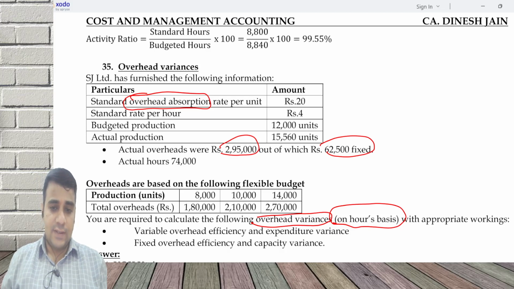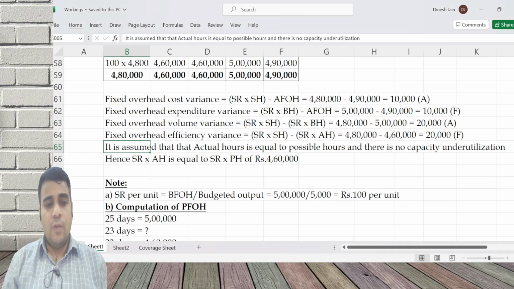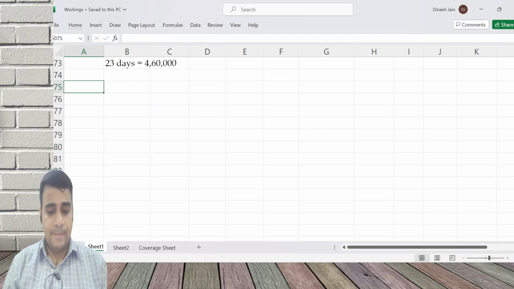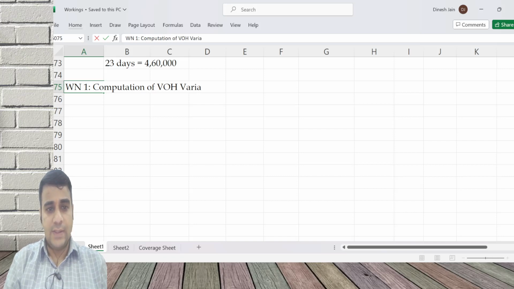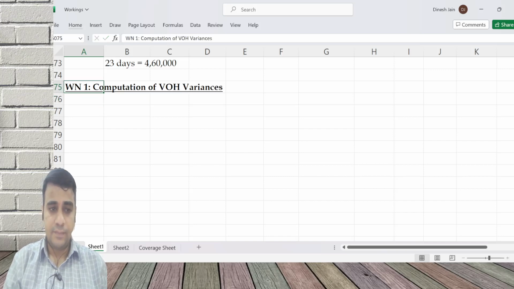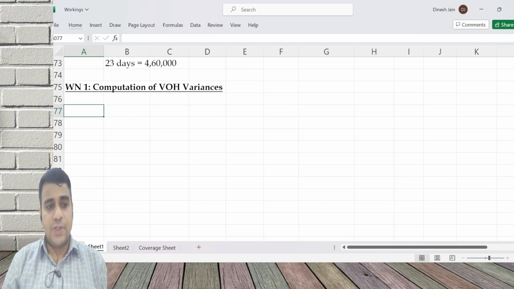Okay, first we'll do both of the computation tables. That's always the starting part. So let's get into the variable overhead variances first. Working note 1, computation of VOH variances.